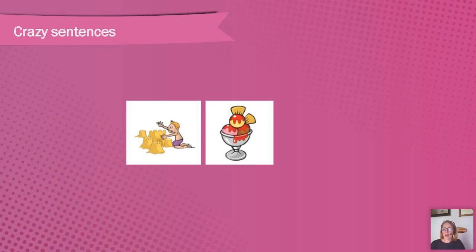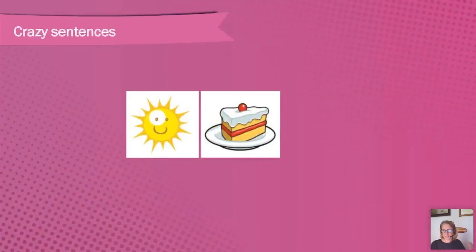Now, I'm going to show you 2 other cards, and I'd like you to write your crazy sentences in the chat. It can be anything. A crazy sentence using these 2 words. The sun was happy to eat cake.